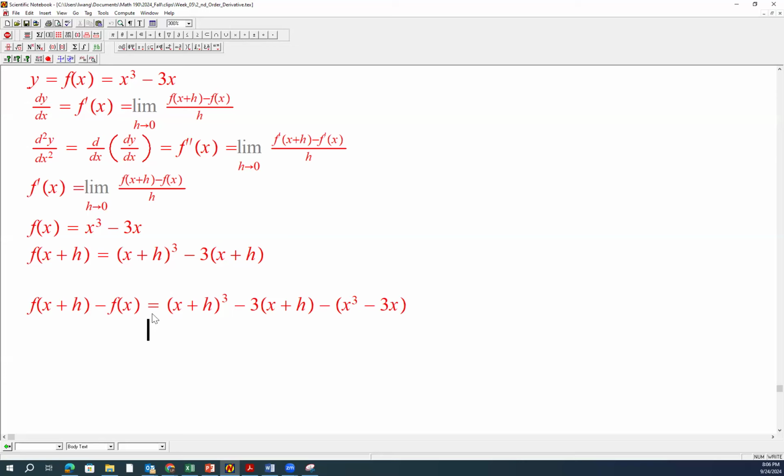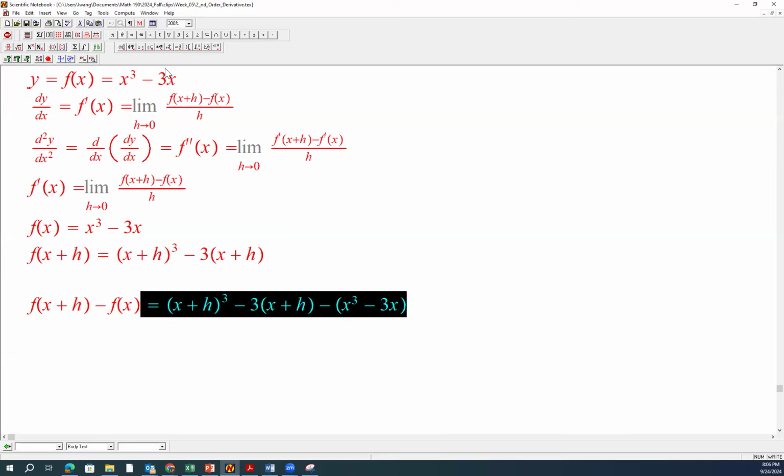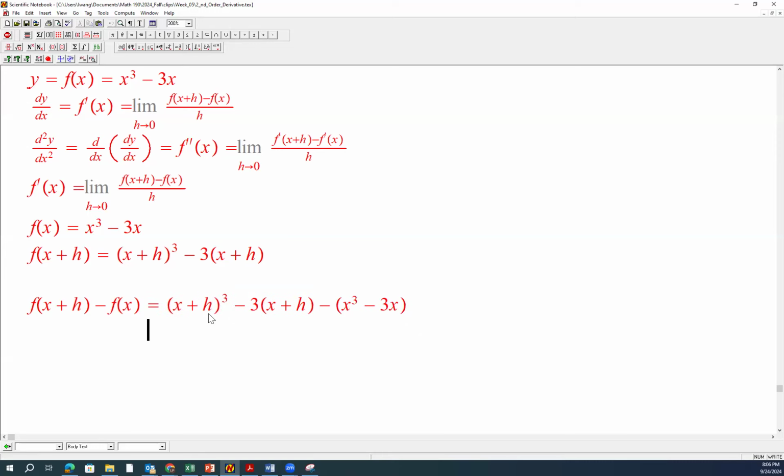Okay? So once again, we're going to do some algebraic manipulation. So subtracting, this is going to be plus, and we're going to do some regrouping. Remember, our goal is to isolate, so h will be a factor. We know that for polynomial, this is going to be worked out, right?